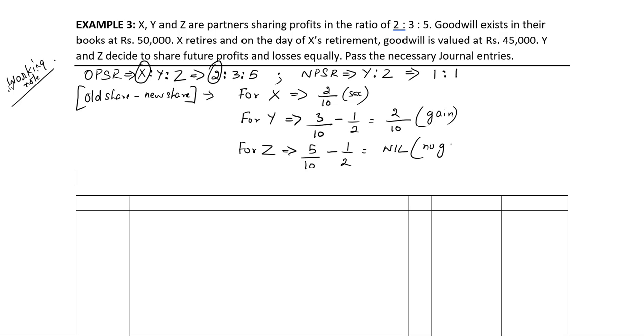No gain or sacrifice by partner Z. We'll multiply these amounts with the goodwill of the firm, rupees 45,000. So we get rupees 9,000.